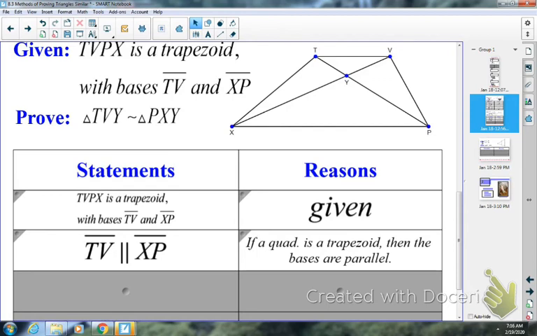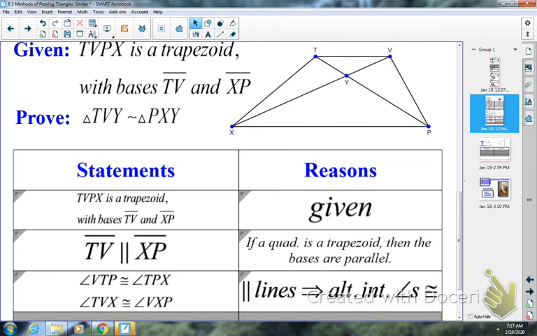And remember, when you have parallel lines, you're going to have alternate interior angles being congruent. So we can state that angle VTP and TPX are congruent. Again, remember your alternate interior angles make the Z. So this angle is congruent to that one. And if I look at the zigzag going the other way, we have another pair of alternate interior angles congruent.